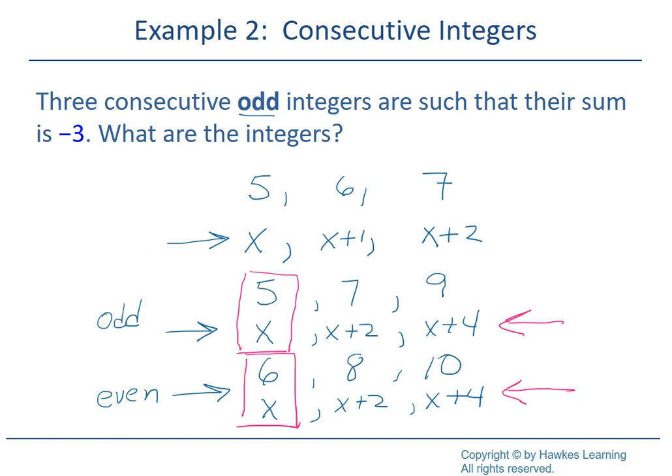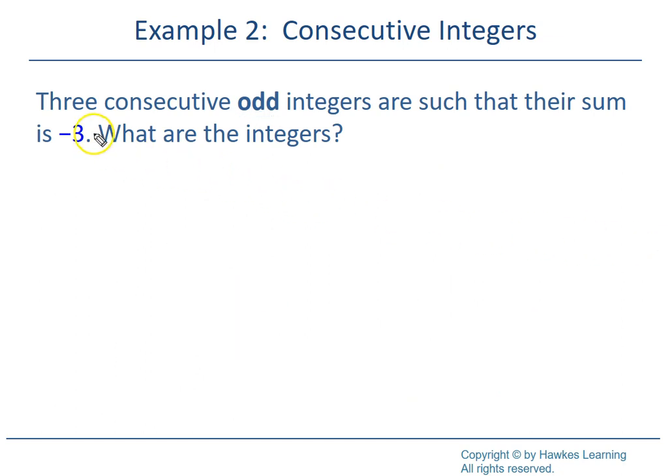Okay, let's go on then to what is described here. 3 consecutive odd integers are such that their sum is negative 3. So, what's the first integer? X. What's your next integer? Well, we said if they were odd, it was going to be x plus 2.